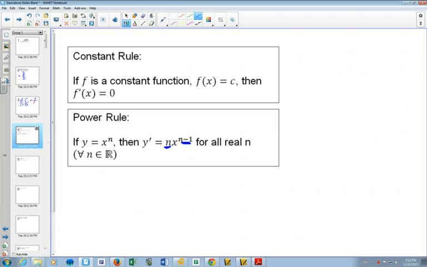And now we get to introduce you to some new mathematical language. In higher level math, mathematicians, inherently lazy, if they can avoid writing long words, they do. And this works for all real numbers n.